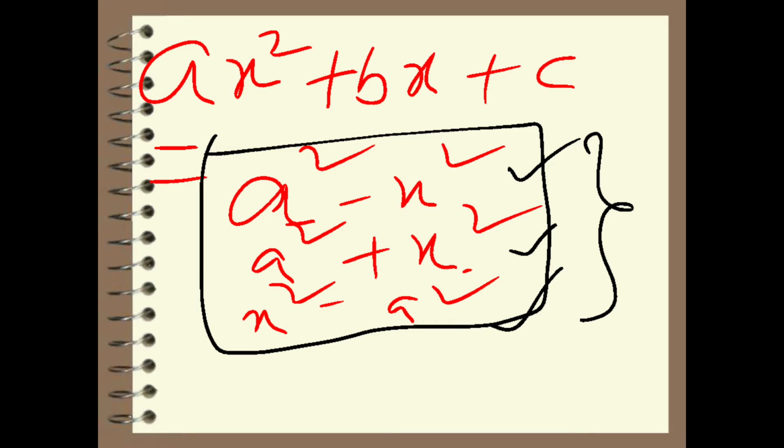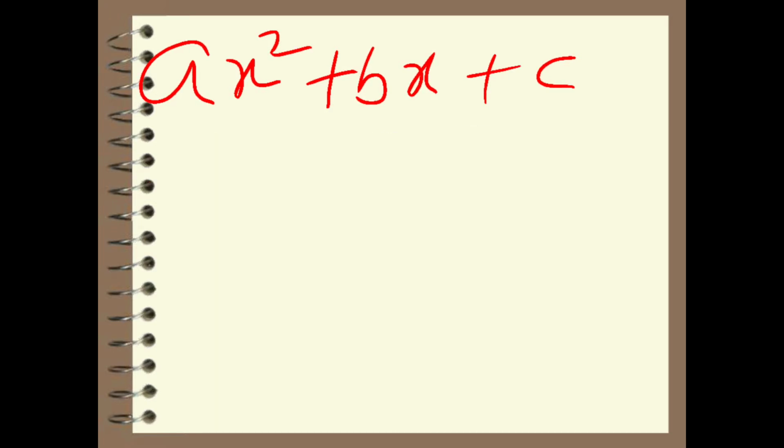Okay, so to convert ax square plus bx plus c into one of the three forms, step number 1 is you have to take common a, that means x square coefficient. If x square coefficient is other than 1, we have to take common that x square coefficient.